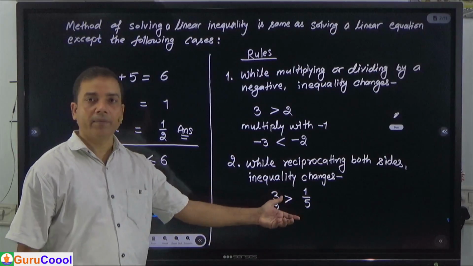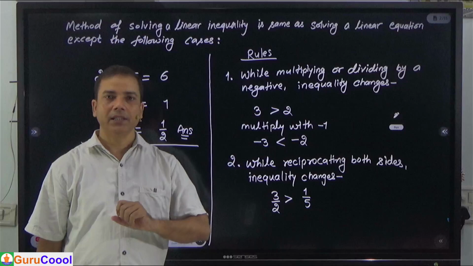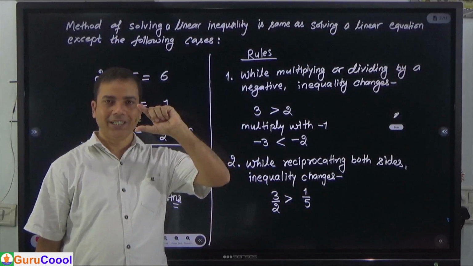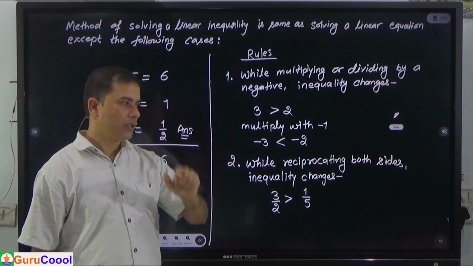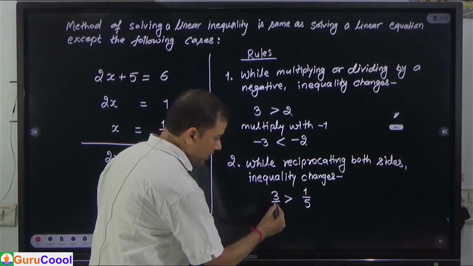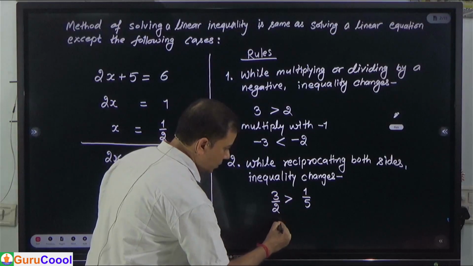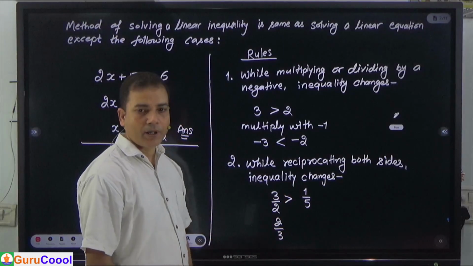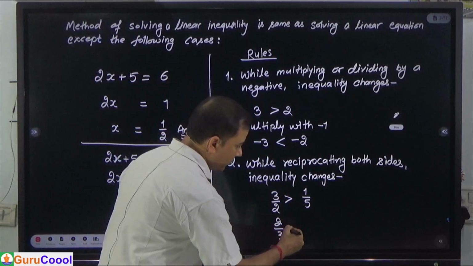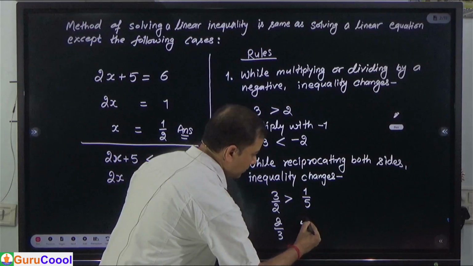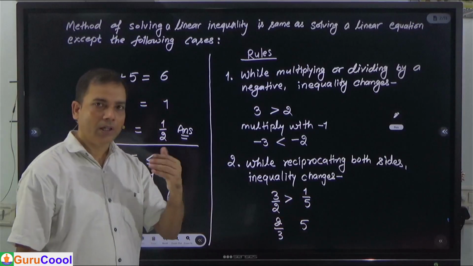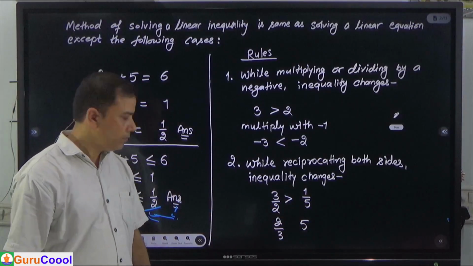Let's reciprocate both sides. Reciprocate means numerator and denominator will switch. Numerator and denominator will interchange. If we interchange, 3 by 2 converts to 2 by 3, and 1 by 5 converts to 5 by 1, that is just 5. 5 by 1 means just 5, no need to write 1, it remains hidden automatically.